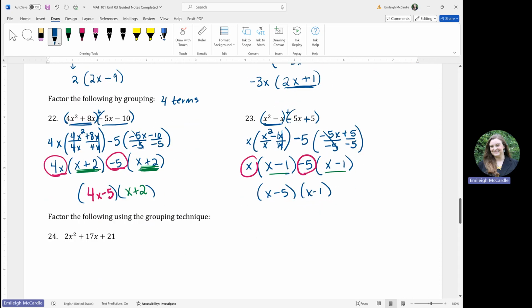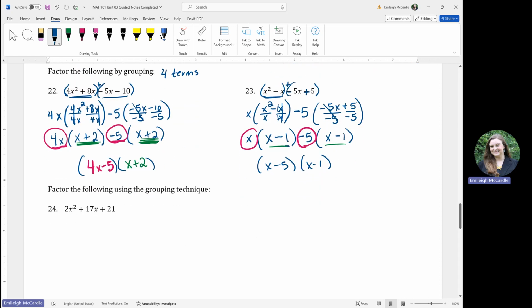Let's move on to number 24, and that is not 4 terms. You can clearly see this is 3 terms. Before we get too much further, I need to talk about the standard form for a quadratic expression. This is a quadratic expression because we have an x squared in the problem.